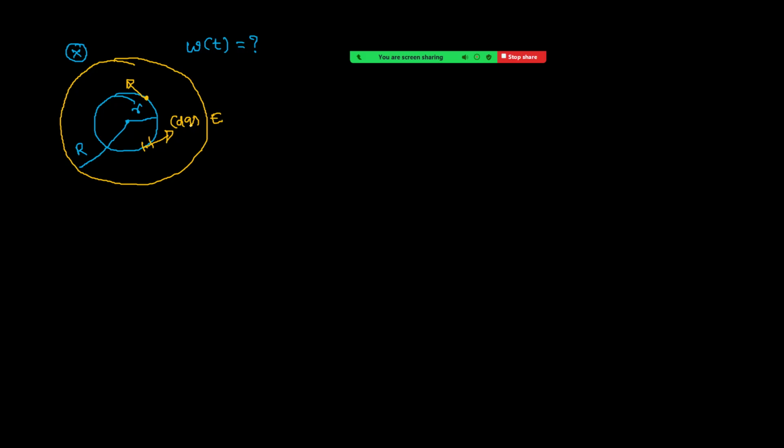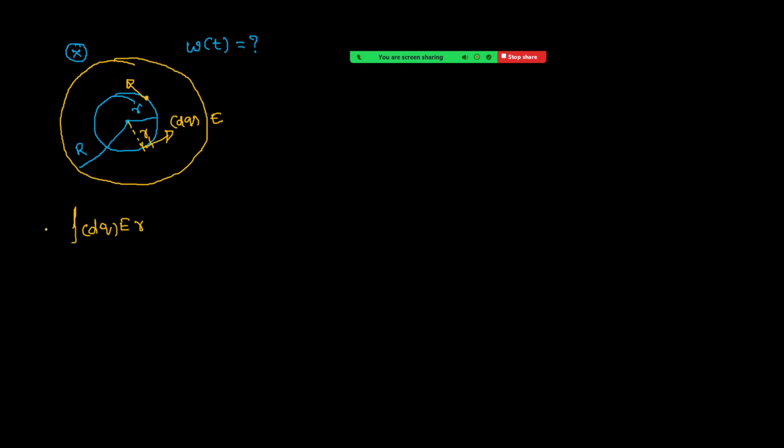Because of this force, you can see torque about this axis. Distance equal to R. Therefore, the force is dq into E, and force into R is the torque. Like this, we have to take small charges on the wire and integrate.